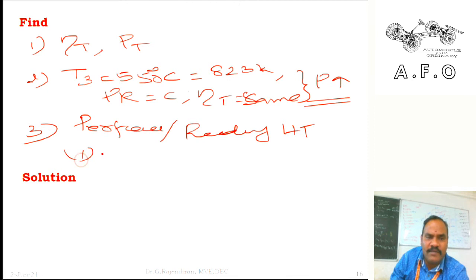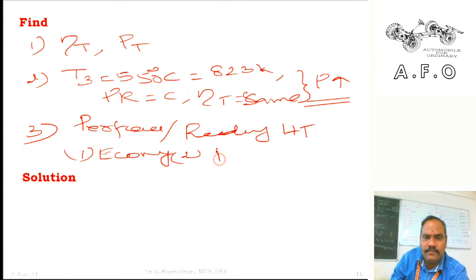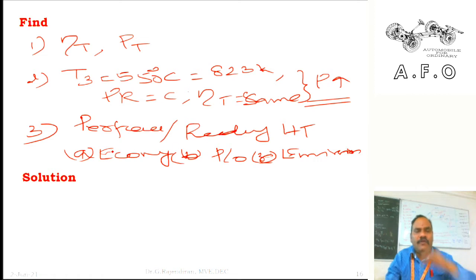One, in terms of economy. Second, in terms of power output. Third, in terms of emission. Clear? So first we will go for the solution, case 1.